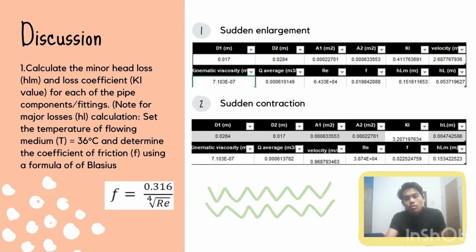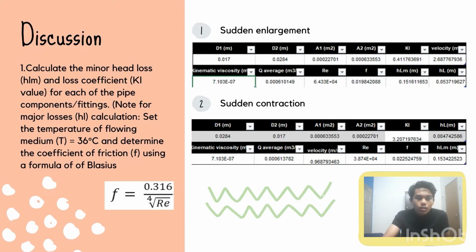For the viscosity, it is stated that the temperature of the flowing medium is 36 degrees Celsius. So the viscosity for that medium is 7.1 E negative 7 meter square per second.